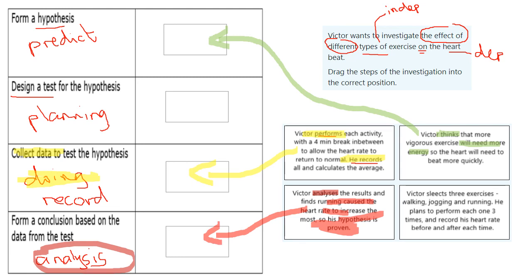This is what you do at the end of the experiment. Victor selects. He chooses the exercises walking, jogging, and running. He plans. Planning. In the future, he is planning. He's not doing yet. He's still thinking about doing it. He's planning to perform each one 3 times and record the heart rate. So this is designing. Designing always means planning.